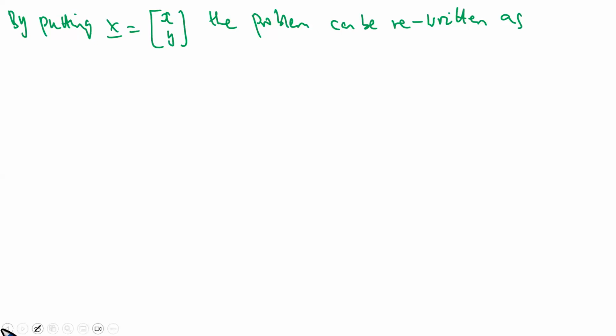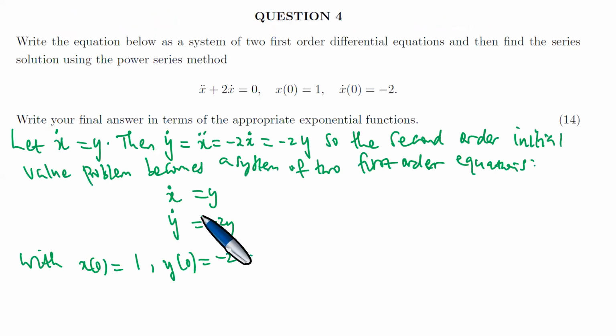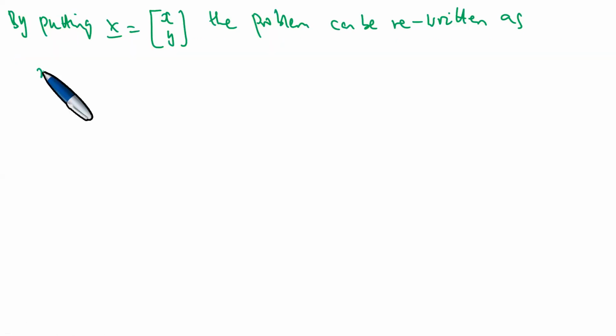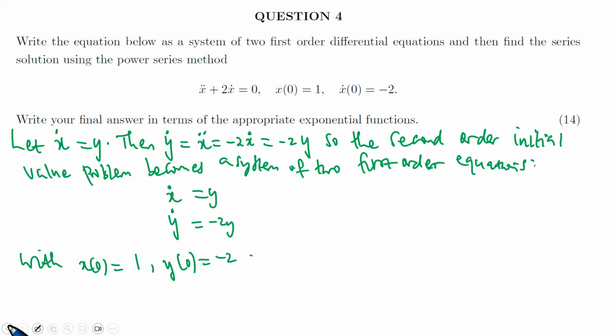So first, x dot equals y. Y dot equals minus 2y.